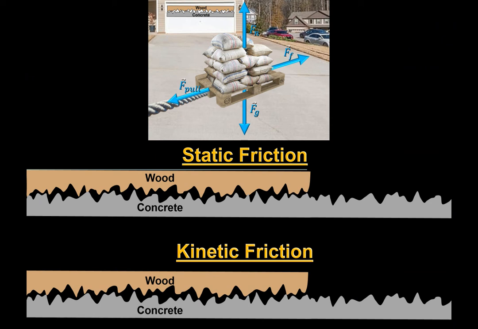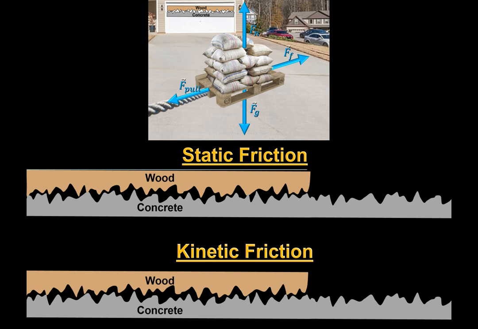Okay, so basically what's happening here is that friction, so the different rocky edges of concrete and wood, is preventing the pallet from moving. You can sit there and pull and pull and pull. And what you have to overcome is called static friction.